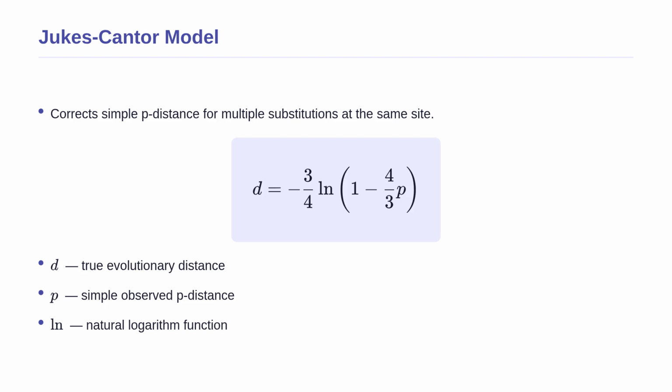The natural logarithm function, denoted by ln, is what mathematically stretches the distance as p gets larger. Physically, when the observed difference p increases, the corrected distance d increases exponentially. This reflects the high probability that more and more hidden, overlapping mutations have occurred over long periods of evolutionary time.